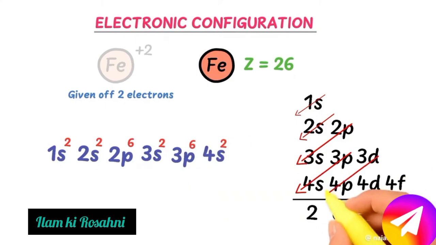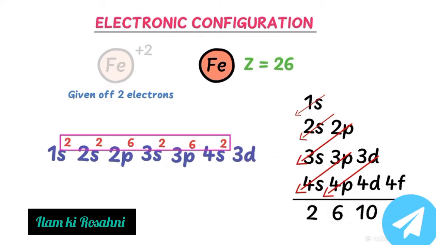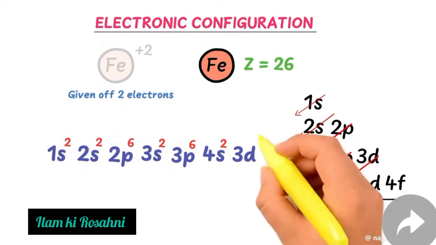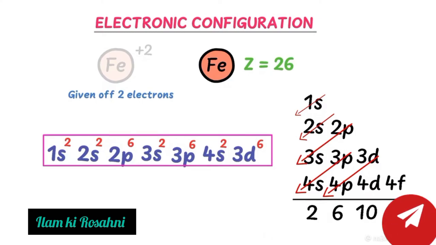Then I cut 3d and 4p. I write here 3d. Now 2 plus 2 plus 6 plus 2 plus 6 plus 2 is equal to 20. We need the configuration of 6 more electrons. So D subshell can accommodate 6 electrons. So this is the electronic configuration of neutral iron atom.